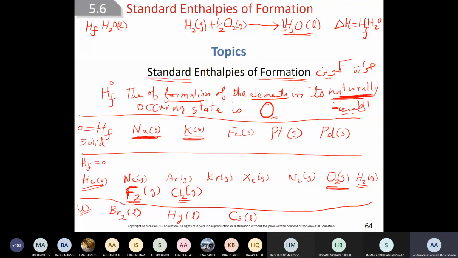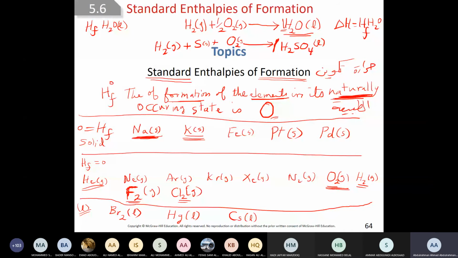Let's do the same thing with H2SO4, liquid. Can you help me make it? What's the heat of formation? First, what number should I put here? 1. Okay, what's the reaction? H2 gas plus S solid, fantastic, plus O2 gas.